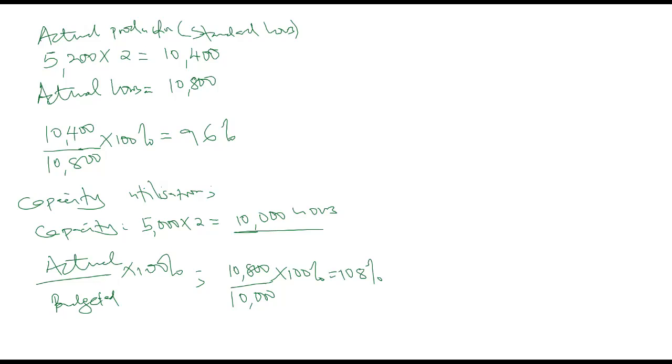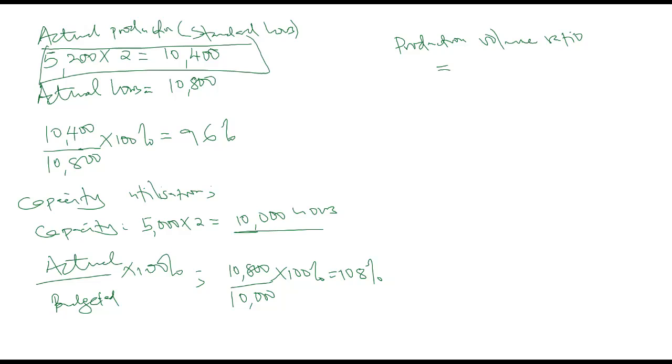Lastly, the production volume ratio. In this ratio, don't forget, we compare the expected hours for the actual production, which we already have done, that will be 10,400, with the budget, which in this case was 10,000.